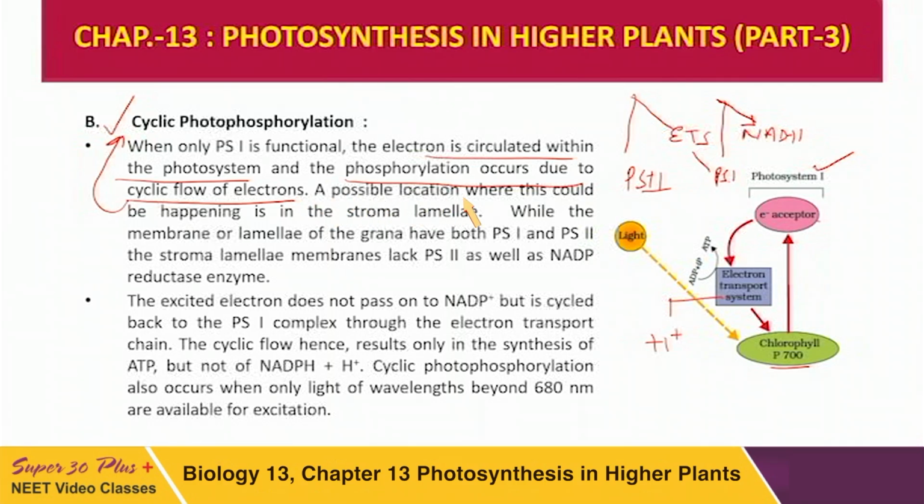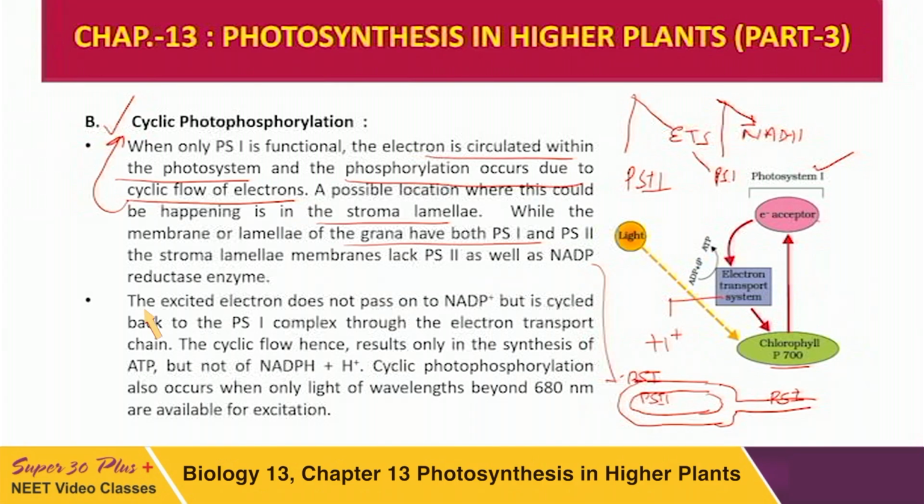The possible location where this could happen is in the stroma lamellae, while the membrane or lamellae of grana have both PS1 and PS2. It's very important to understand. You see, children, let this be the granum, and let this be the stroma lamellae. So this cyclic photophosphorylation we have here in the stroma lamellae. PS1 is here, while in the granum lamellae we have both PS1, that is on the outer side, and PS2 on the inner side.